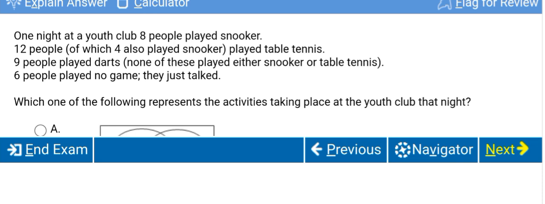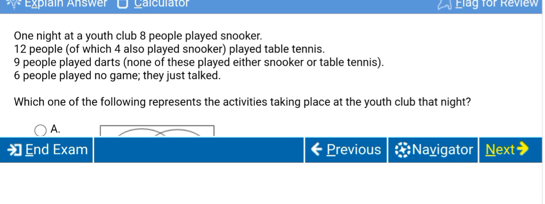Which says, one night at a youth club 8 people played snooker, 12 people of which played table tennis, 9 people of which played darts.